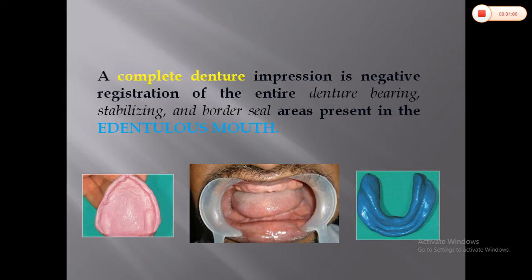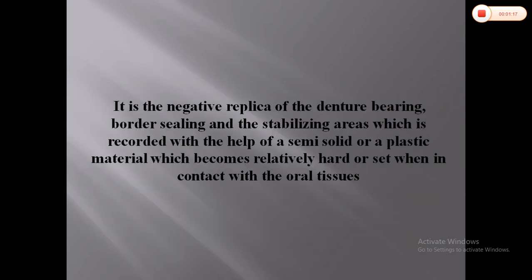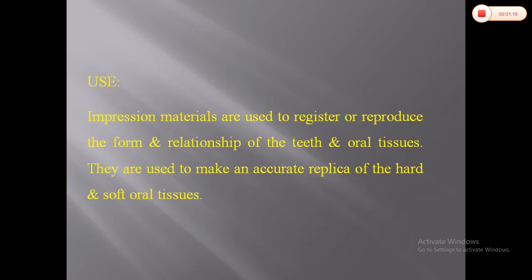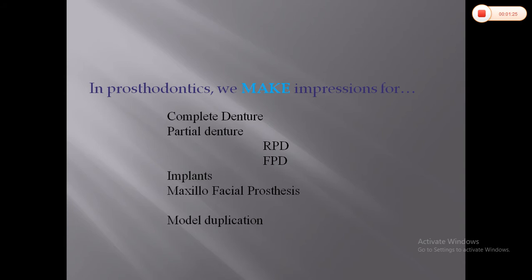I'll just refresh you on the uses of these impression materials and then get into impression trays and impression techniques. Impressions can be done in many areas in prosthodontics or in dentistry. We can use them in complete dentures, in partial dentures, whether fixed (FPD) or removable (RPD), and in implants.